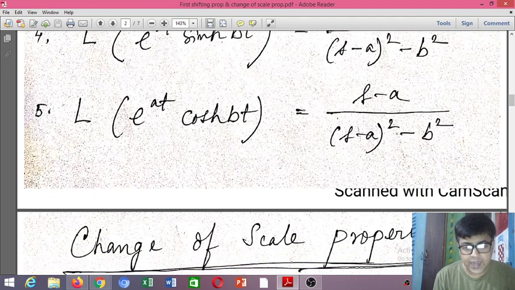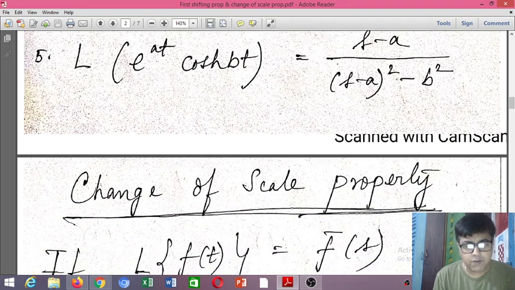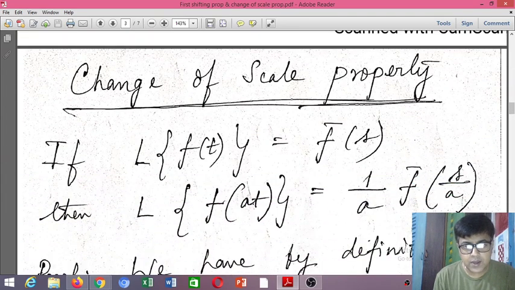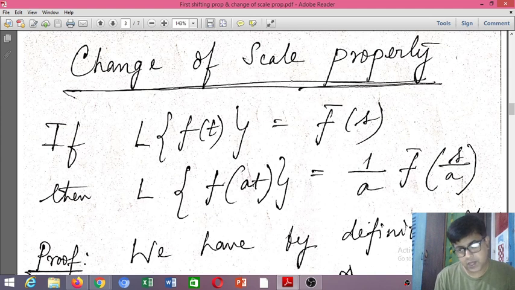Now, having said that, we come to another very important property of Laplace transform, which is known by the name change of scale property. As the name suggests, the scale of the variable is changed.